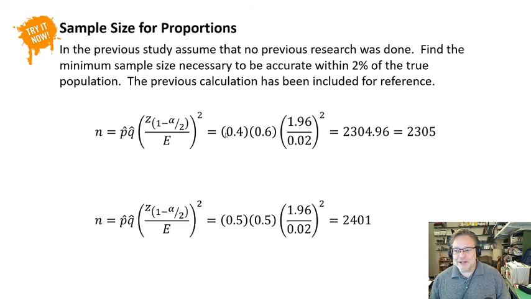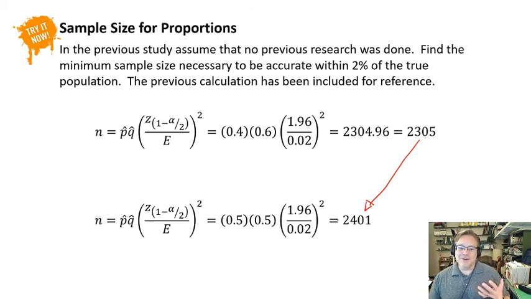The only thing that changed here is that you had no prior information on what the proportion should be, and so you had to resort to just using 0.5 and 0.5. And you'll notice that the price you pay for that once you put all of this stuff in is the sample size now goes up by about 96 samples, from 2,305 to 2,401.